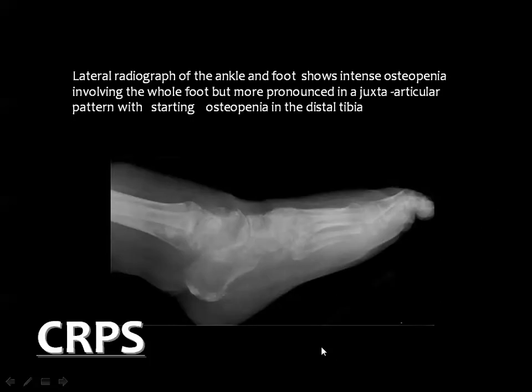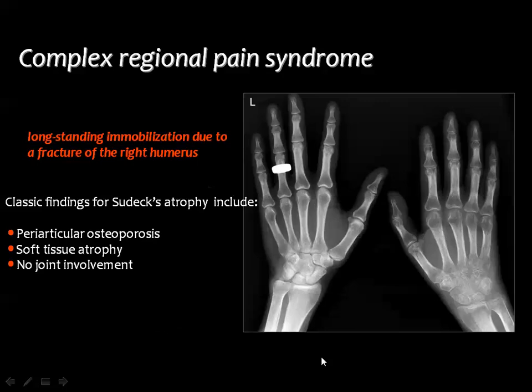And by the plain film, especially in advanced stages, you get marked decalcification of the bone with decreased bone density, which cannot be differentiated from disused osteoporosis or even osteoporosis due to ischemia, for example. But it is, as I have mentioned, the clinical examination which can easily differentiate.